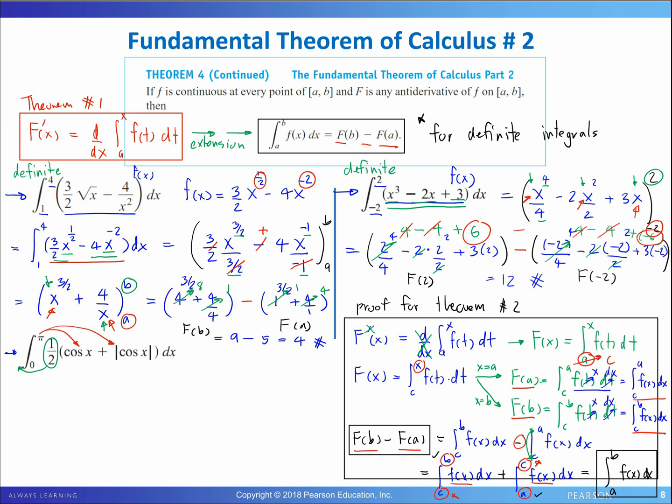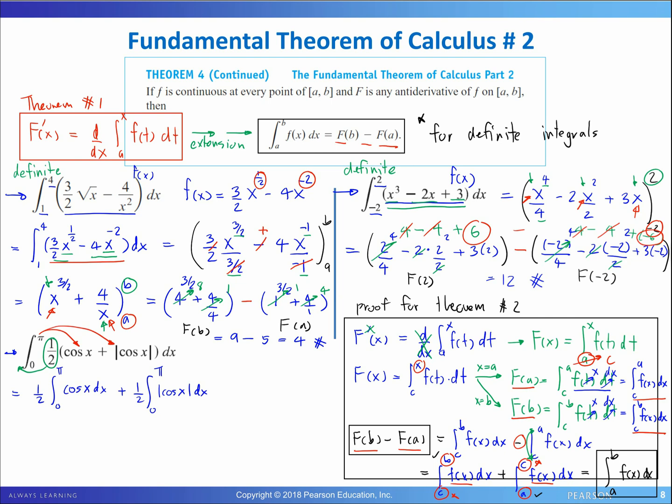And now we have two integrals equal to, first one, 1 over 2 times the integral of cosine of x dx from 0 to pi, plus the second integral, 1 over 2 times the integral of absolute cosine of x dx from 0 to pi again.